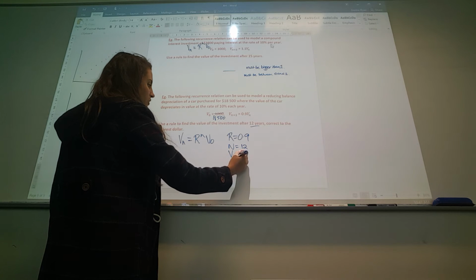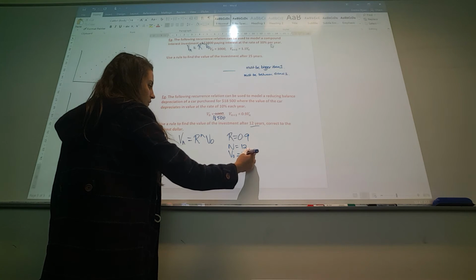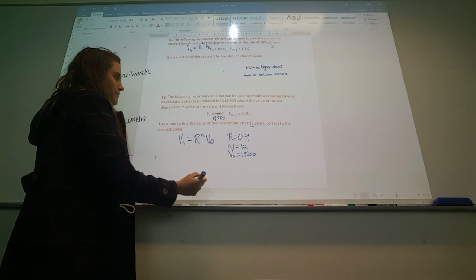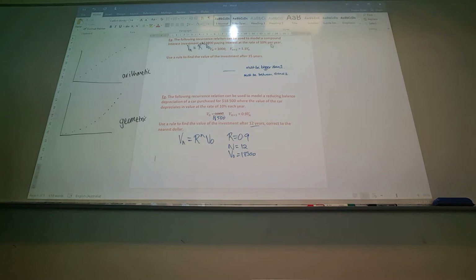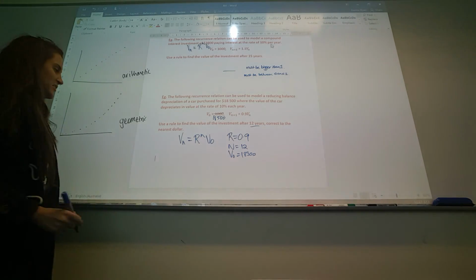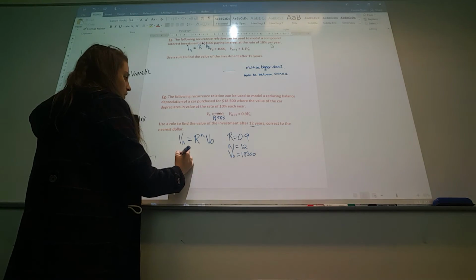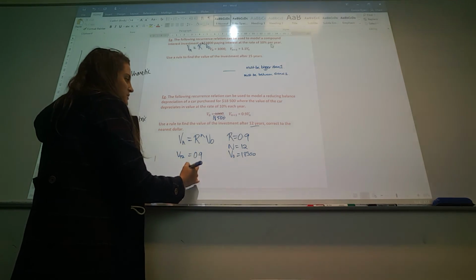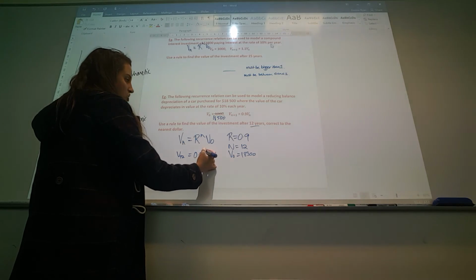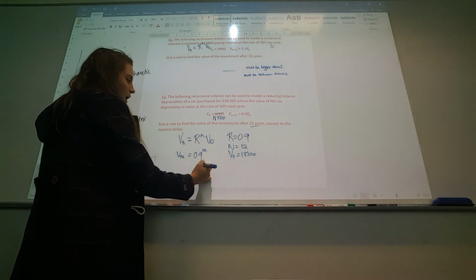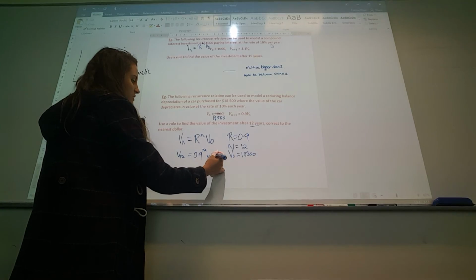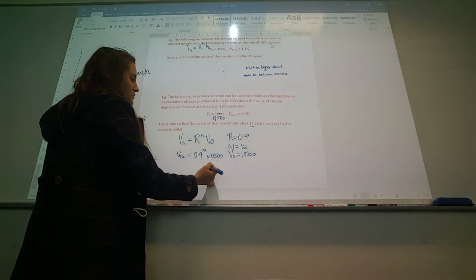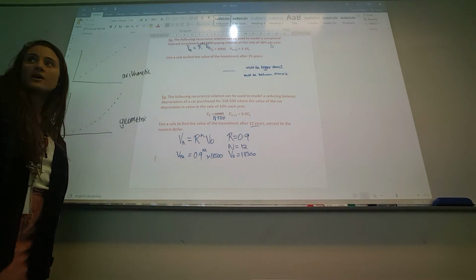And our V0, 18,500. So we're finding the 12th term. We've got 0.9 as our ratio to the power of 12 times 18,500. Is it a ratio or is it the recurrence? It's the ratio. That's what we're multiplying by.